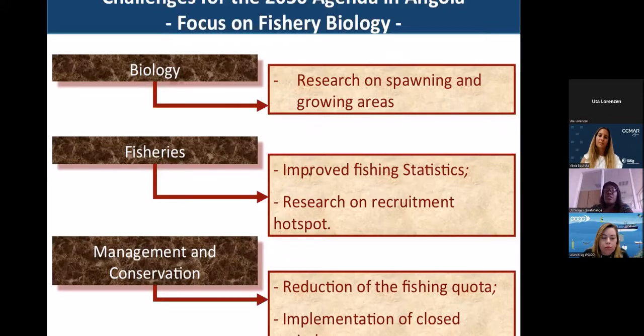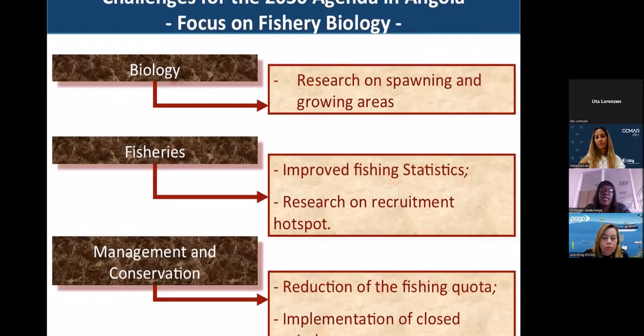In terms of fisheries, it's important to improve fishing statistics in order to have more realistic data. And it's also important to carry out studies that attempt to understand whether or not there are recruitment hotspots for both species. In terms of management and conservation, it's important to carry out studies that attempt to promote a reduction of the fishing quota along the coast.